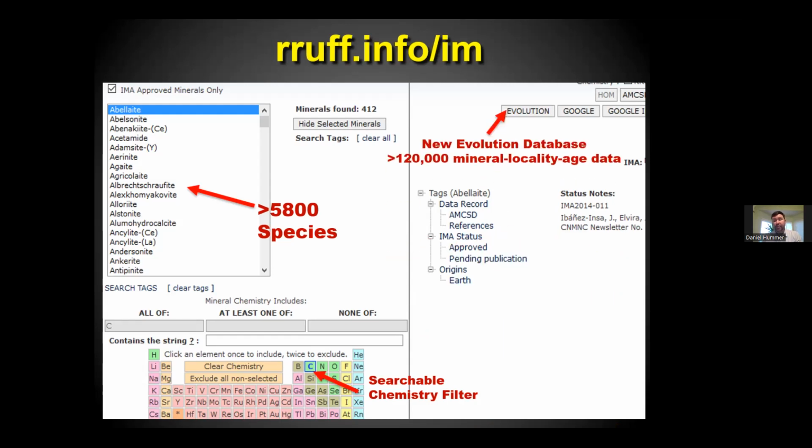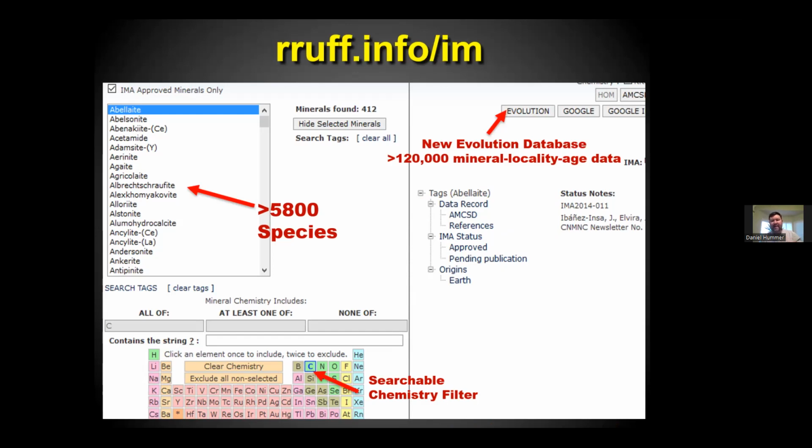And also for our purposes, for looking at mineral evolution, one of the crucial things is that they have incorporated this relatively new, this is just over the past several years, mineral evolution database, the so-called MED, and that contains now over 120,000 mineral locality age triplets of data points.